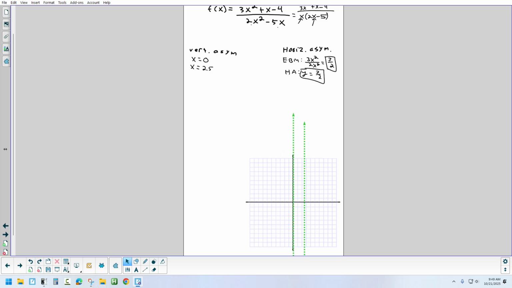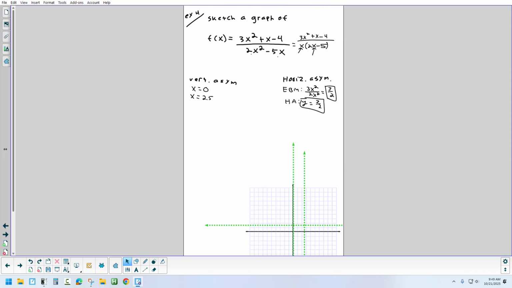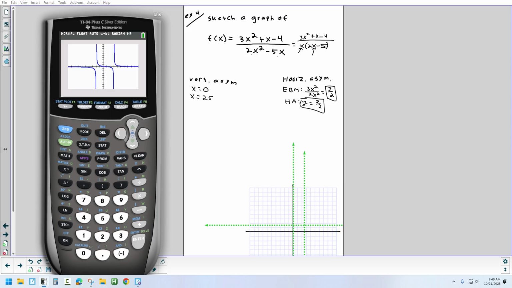And the horizontal is 3/2, which is 1.5, right there. Okay, so let's put all that in, and then we'll start checking the behavior on each side of the asymptotes.